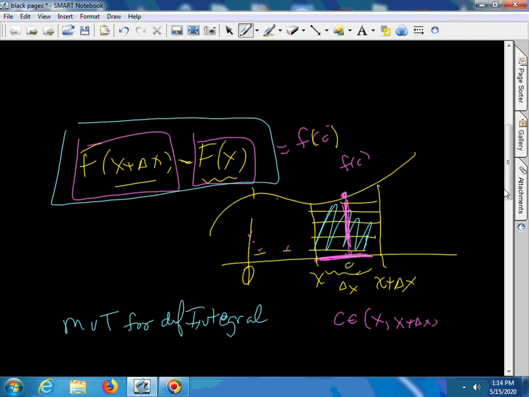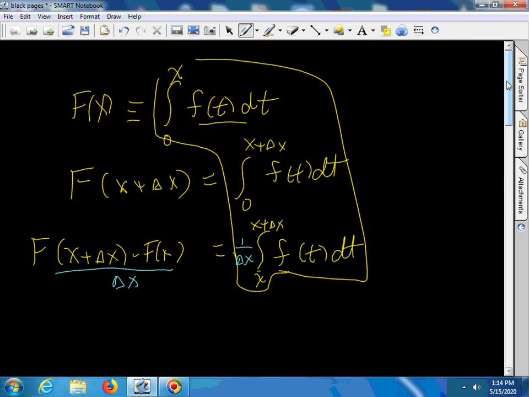So what's in yellow is f of c times delta x, and when you divide by delta x, we just get f of c, where c is in the x, x plus delta x interval.